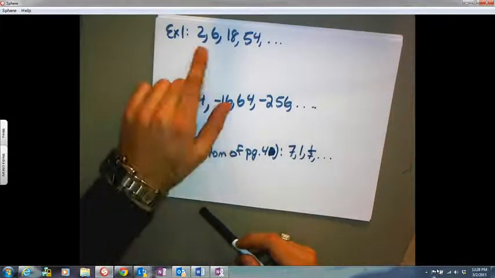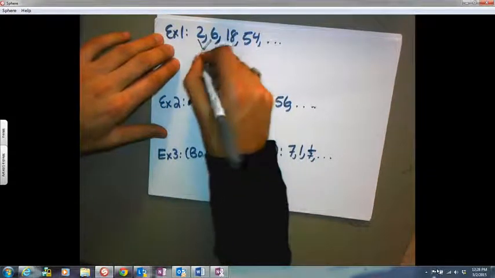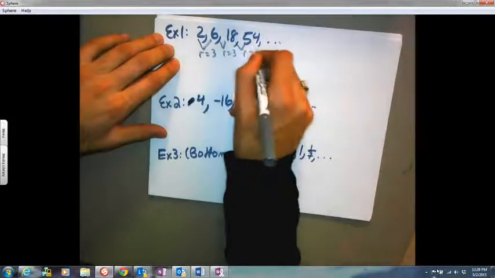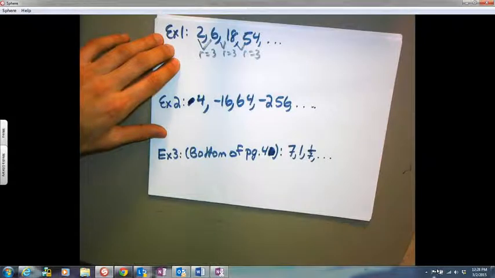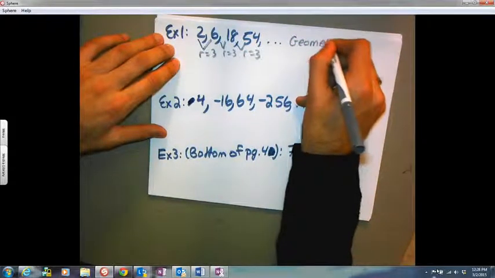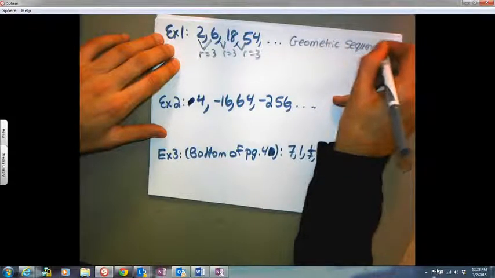Take the first one here. When I look at this, I see that r equals 3. So this is a geometric sequence with r equals 3.